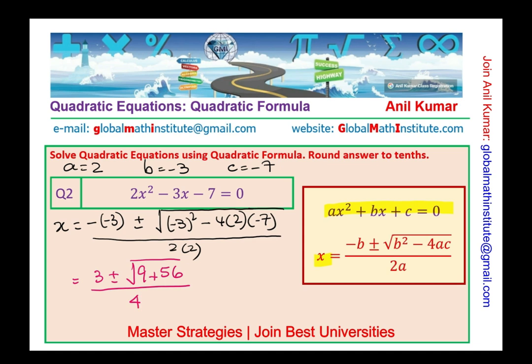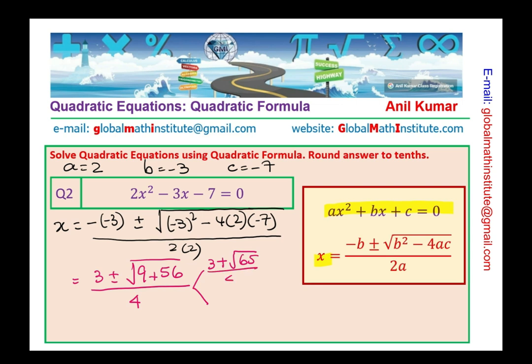Over 4. So that gives you two solutions. One is we have 3 plus square root of 9 plus 56, which is 65, divided by 4. And the other one is 3 minus square root of 65 divided by 4. Now, if you leave it like this, it becomes the exact solution. However, in this particular case, we want to round the answer to tens, one decimal place.